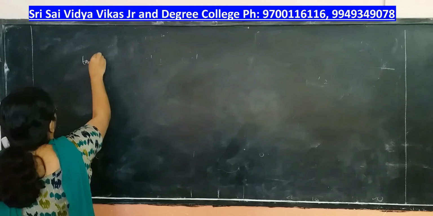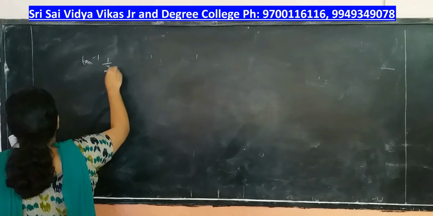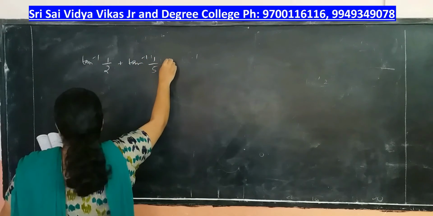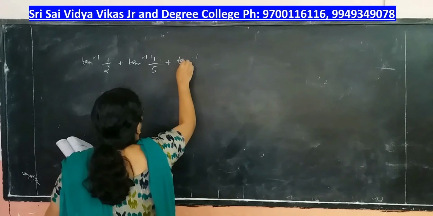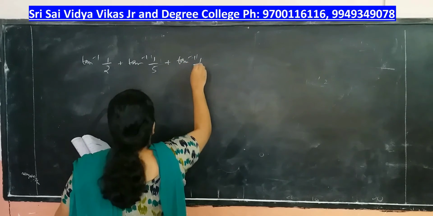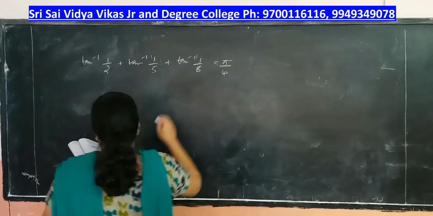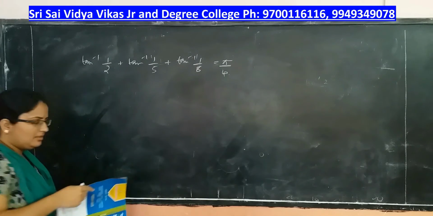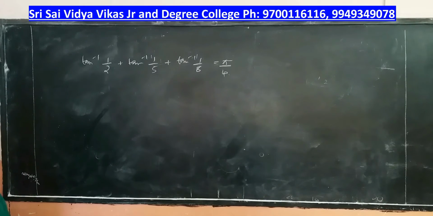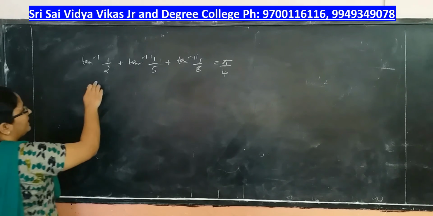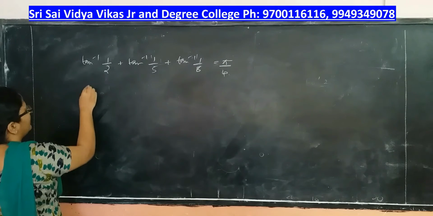Tan inverse 1 by 2 plus tan inverse 1 by 5 plus tan inverse 1 by 8 is equal to, prove that it is equal to pi by 4. How to prove this? First of all, we will take these two quantities.